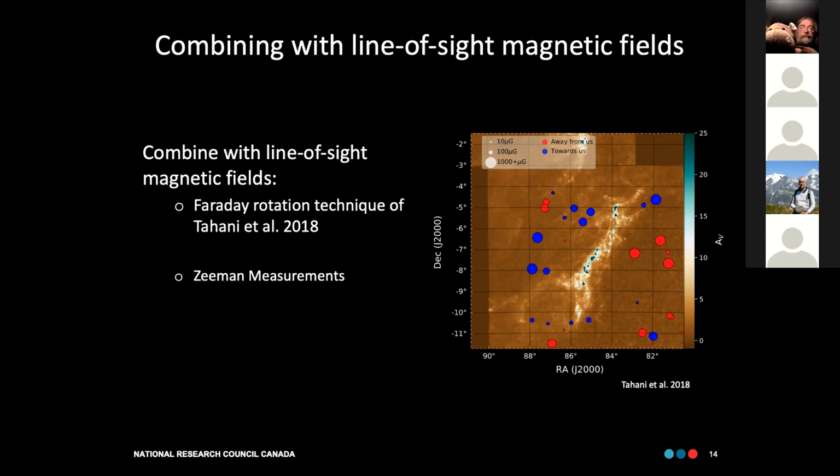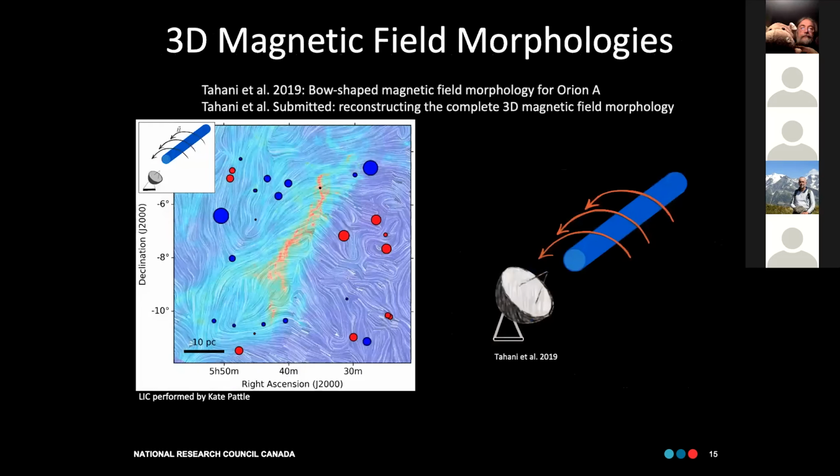And with these line of sight magnetic fields, using the technique of Tahani et al. 2019 and also recently submitted papers, we aim to reconstruct the 3D magnetic field morphology in a number of molecular clouds.